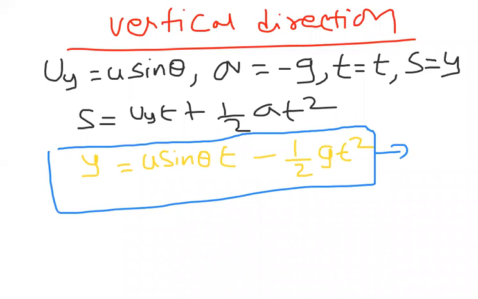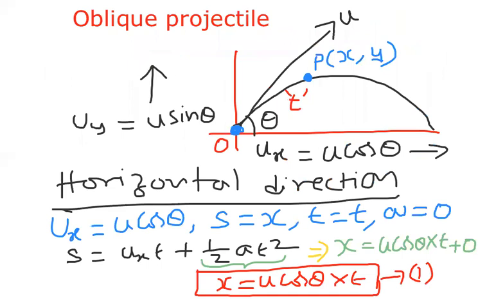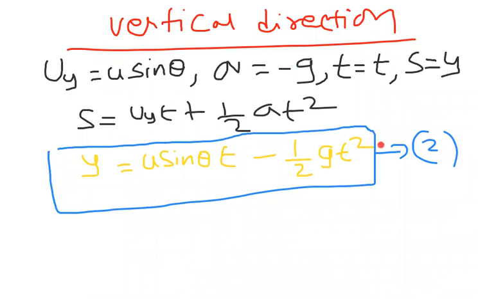The first equation, in the horizontal direction, is x equal to u cos theta into t. I named it equation 1. Again in the vertical direction, y equal to u sin theta t minus half gt square.